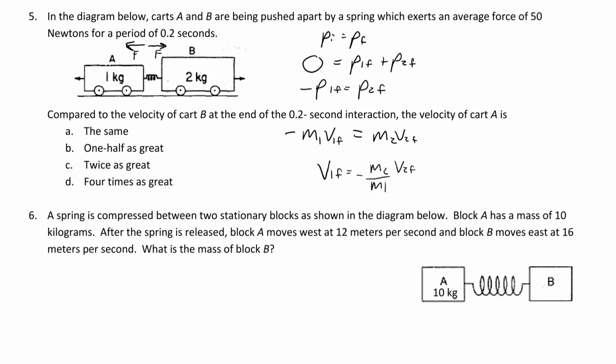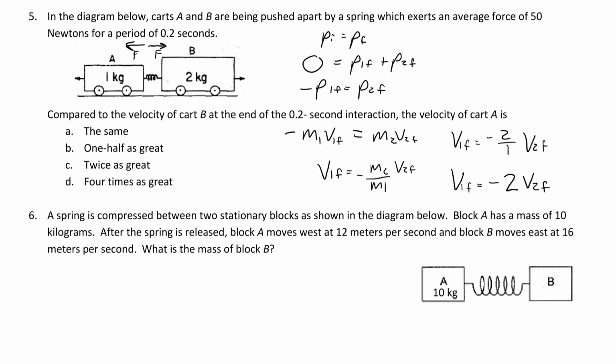And now we have the velocity of A in terms of all these guys. And let's plug in what we know now. So V1F is equal to negative M2, which is 2 kilograms, over 1 kilogram times V2F. So mathematically, we could see that the velocity of A is in the opposite direction because it's negative, and it's 2 times as great as V2F.